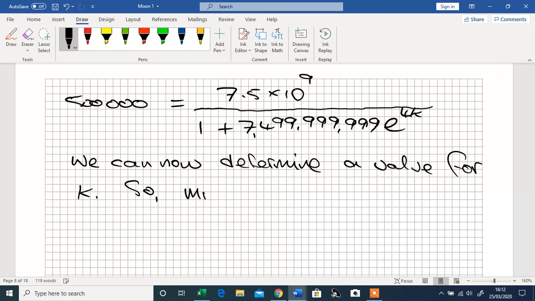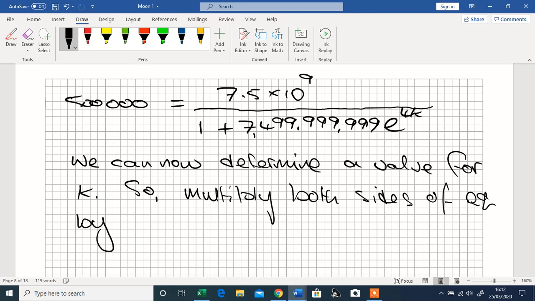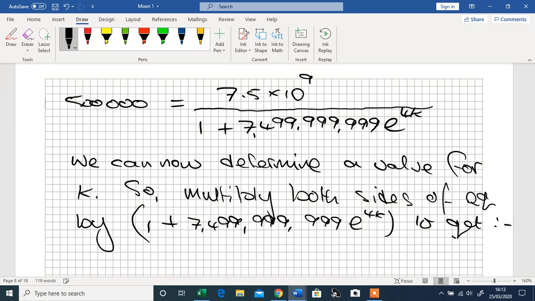both sides of the equation by, I'll put it in brackets, 1 plus 7,499,999 e to the 4k, to get, let's scroll down.